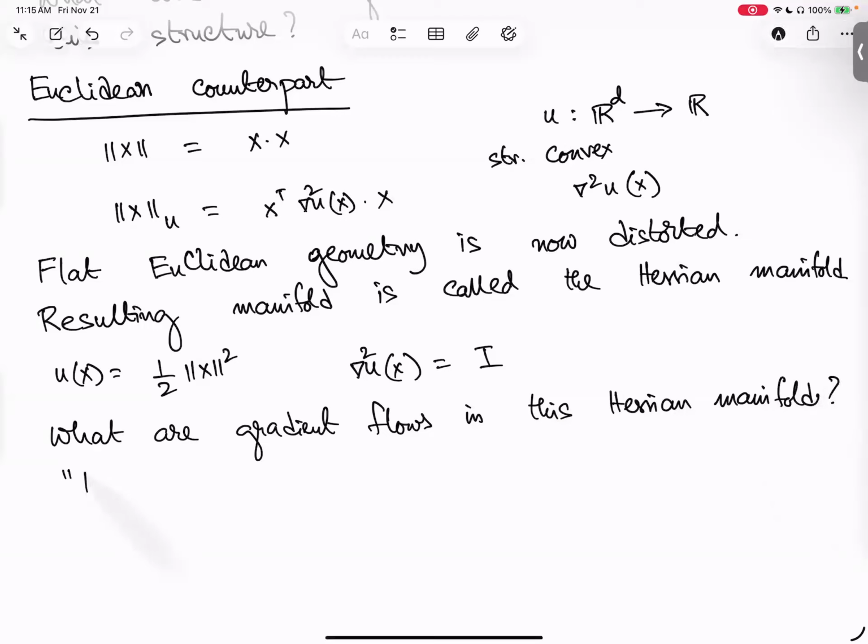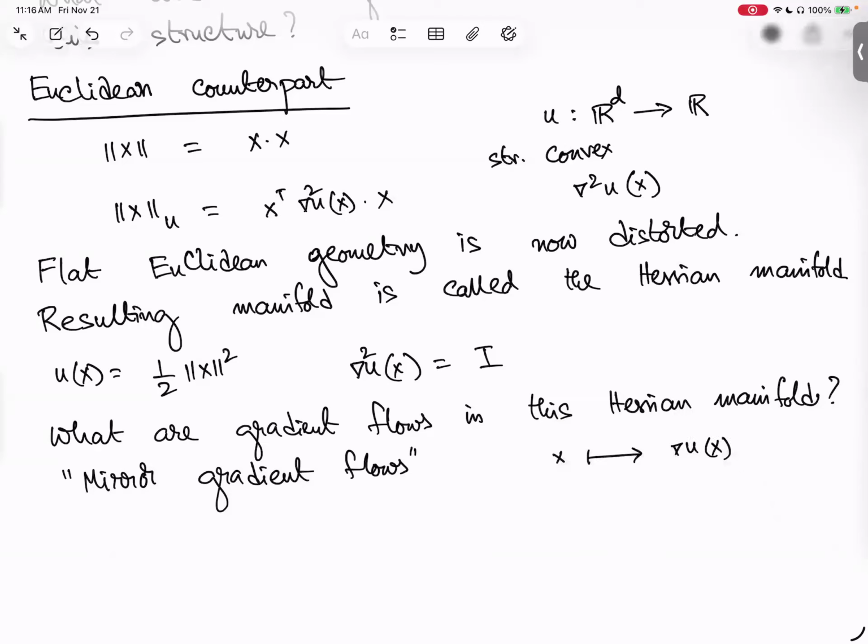And there's a reason for this. The reason is that the map from the point x to the gradient of u of x is seen as some kind of dual global charts of this manifold.